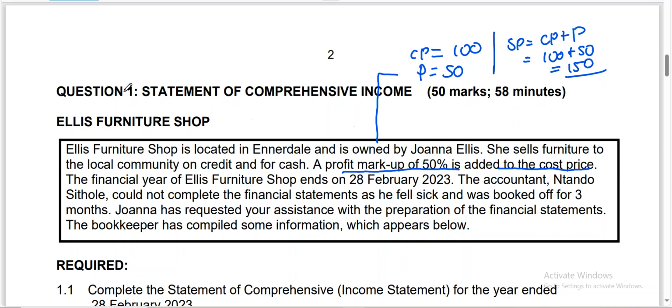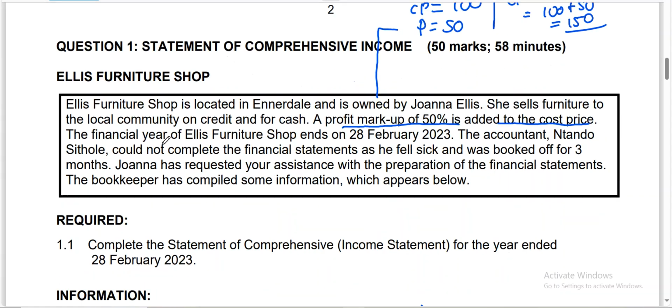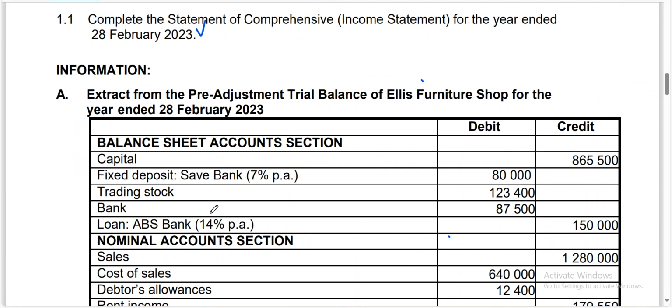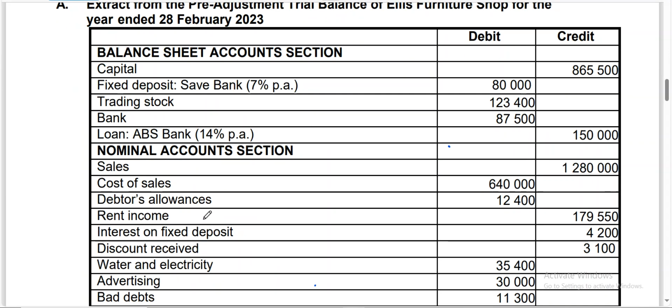Next, they're saying to complete the statement of comprehensive income for the year ended 28 February 2023. It's very important for us to know when our year ends and when our year starts. The first thing we need to make sure we do is insert everything that is in the nominal account under the income statement.